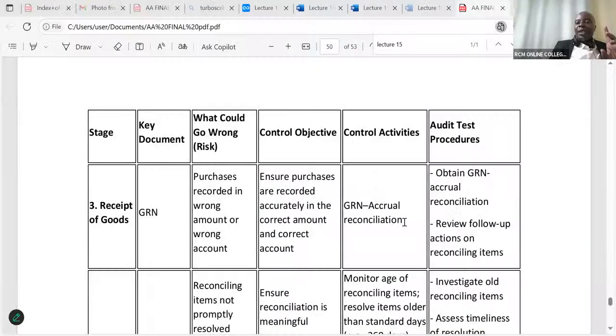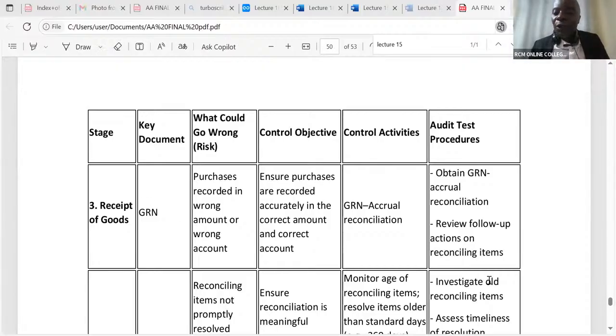In this case, review follow-up actions on reconciling or non-reconciling items. What was done? If there were any discussions, because when they're doing reconciliations, most of them will make minutes. These are agreed, but the invoice numbers were not okay, etc. So we must always do that follow-up.